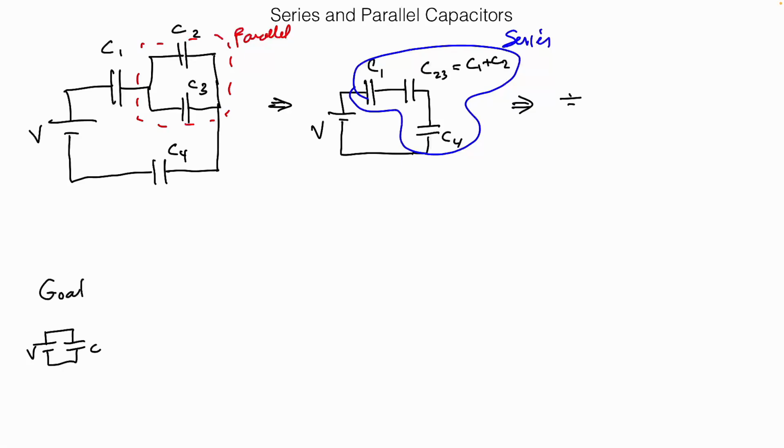I would end up with a picture where my C equivalent would be 1 over C1 plus 1 over C23 plus 1 over C4. Now I know the total capacitance of this circuit. Even though the real physical circuit was laid out like this, theoretically, mathematically, the total capacitance will be that.